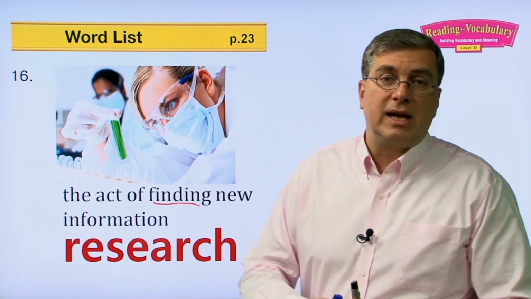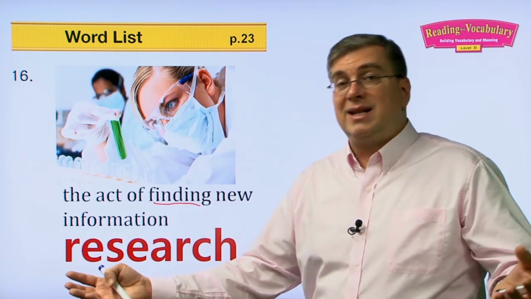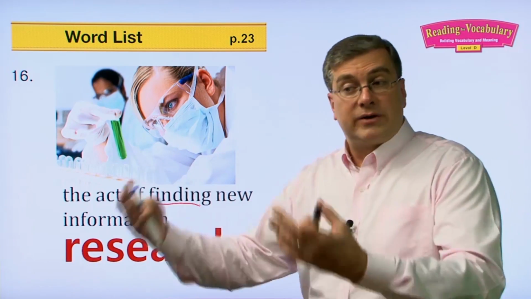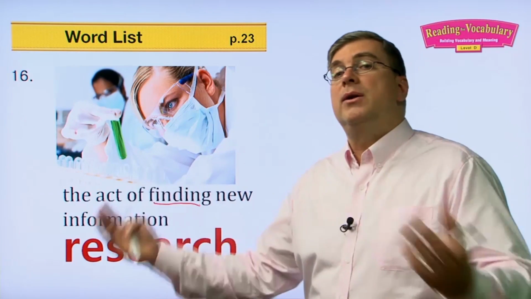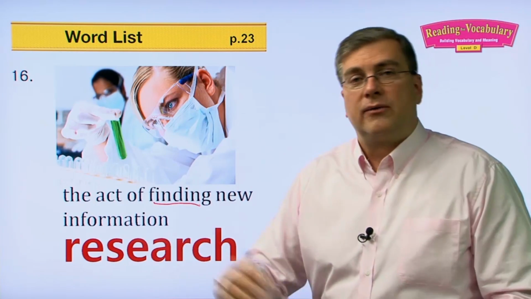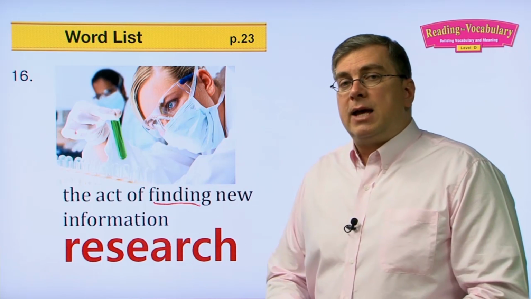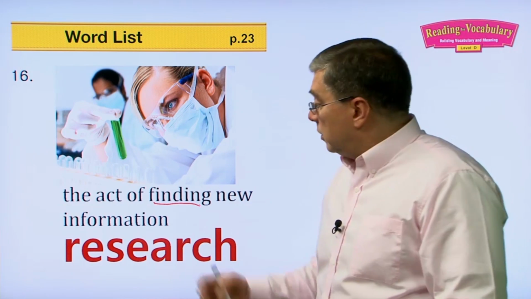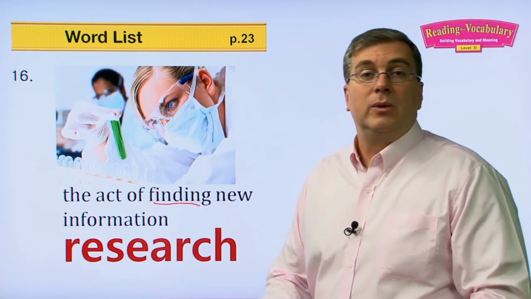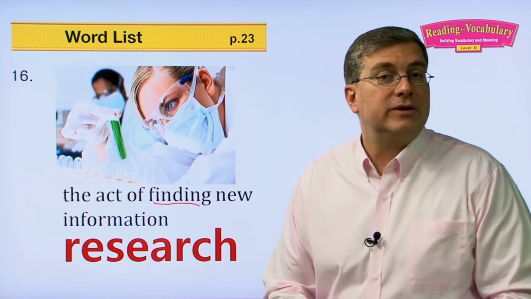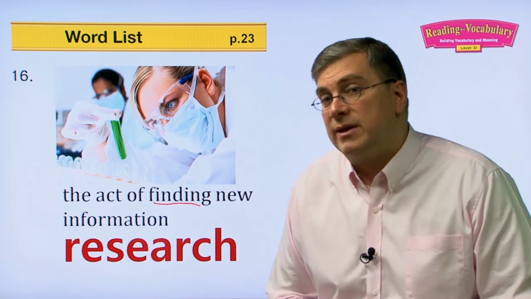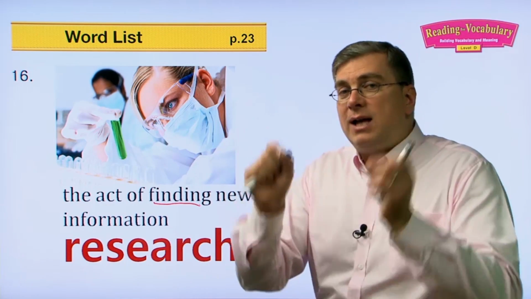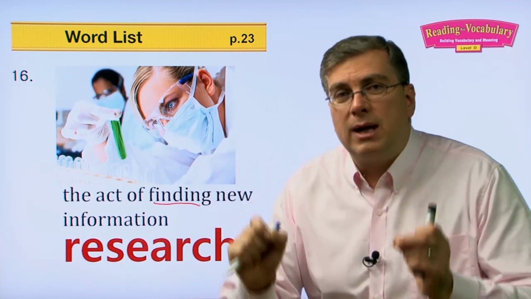Professors at the university, if their subject is literature, they're researching old texts about maybe William Shakespeare or some other famous author from a long time ago. If you are an artist, you will do research by researching famous painters in history, or new modern trends in painting. When you find new information, you are doing research.